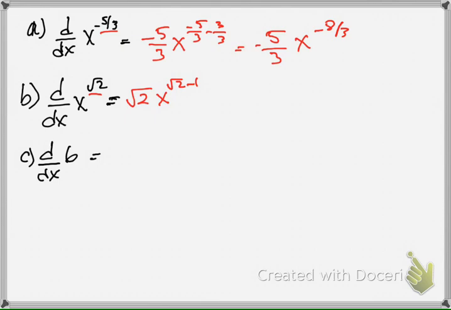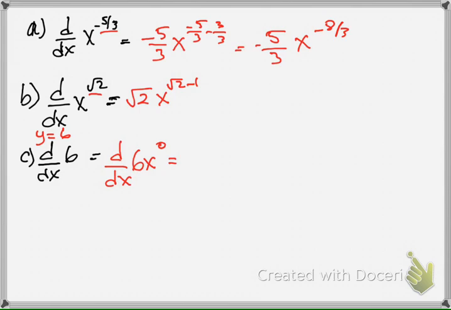So what do we notice about this? This is d/dx of 6. That's taking the derivative of the function y equals 6. So is this really a power function? It actually is. I can rewrite this as 6x to the 0.